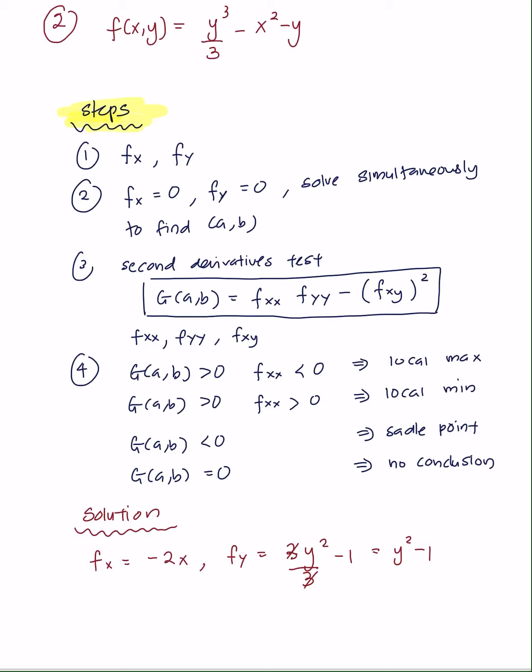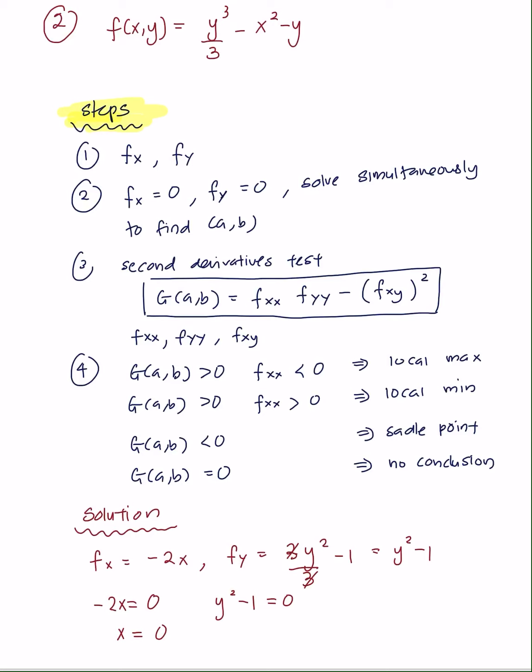Now we want to find the critical point, therefore we need to equate minus 2x equal to 0, where we have x equal to 0, and we need to equate y squared minus 1 also equal to 0.